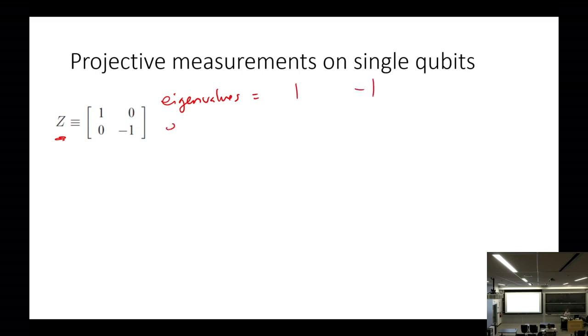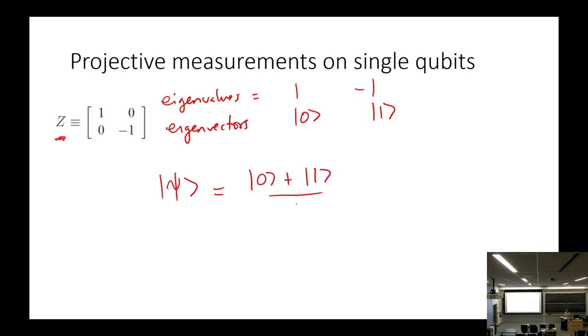And what are the eigenvectors for those eigenvalues? We have 0 and 1. So if we are going to make a measurement of Z on the state, let's pick one, psi equals 0 plus 1 divided by the square root of 2. It's one of our favorite single qubit states.